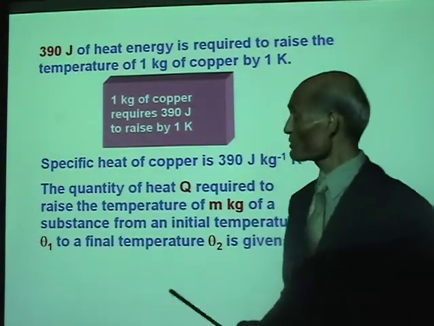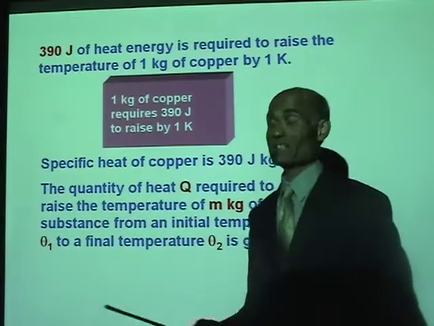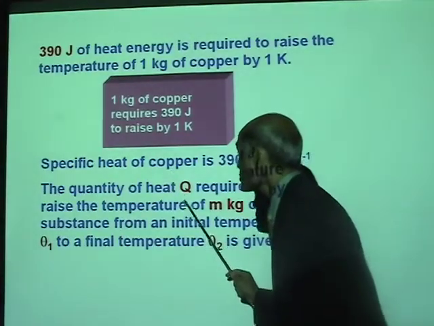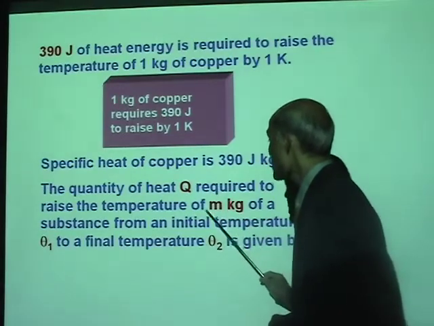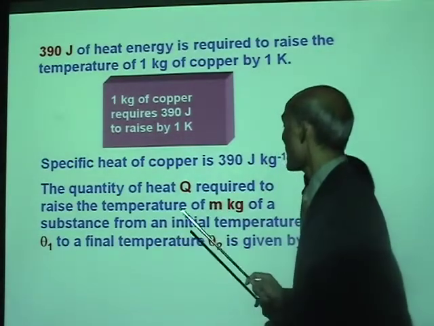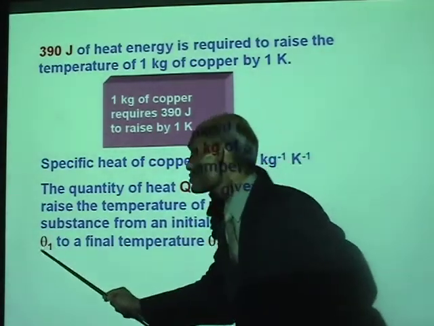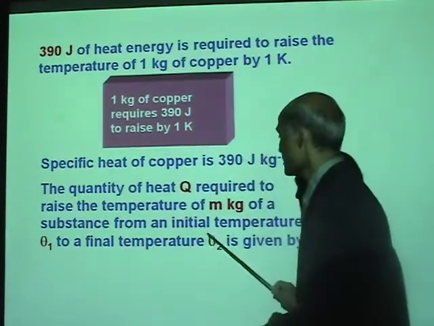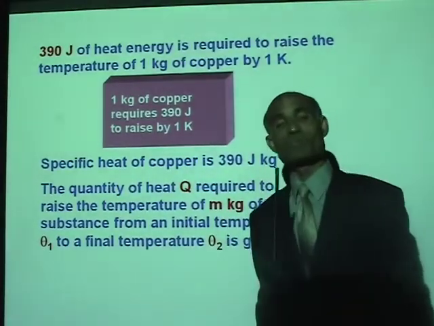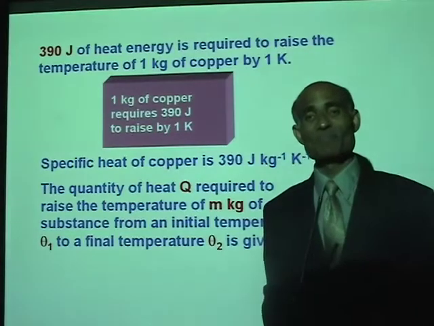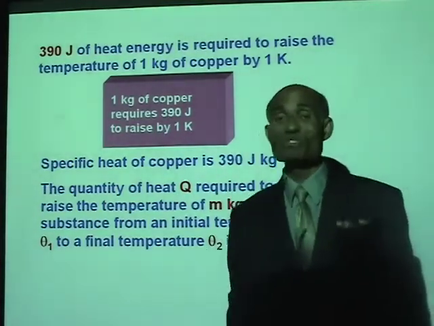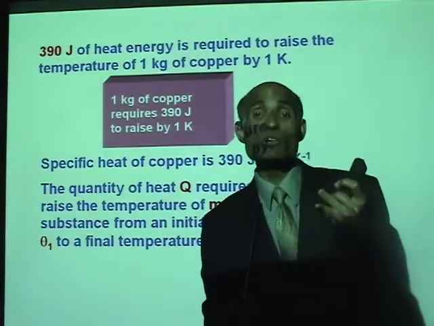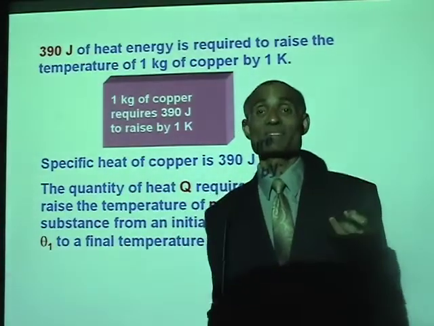Now, if this is the definition of specific heat, then what is the quantity of heat, Q, required to raise the temperature of m kilogram from an initial temperature theta 1 to a final temperature theta 2? What would that be? c, the specific heat, is the amount you need to raise 1 kilogram by 1 Kelvin.